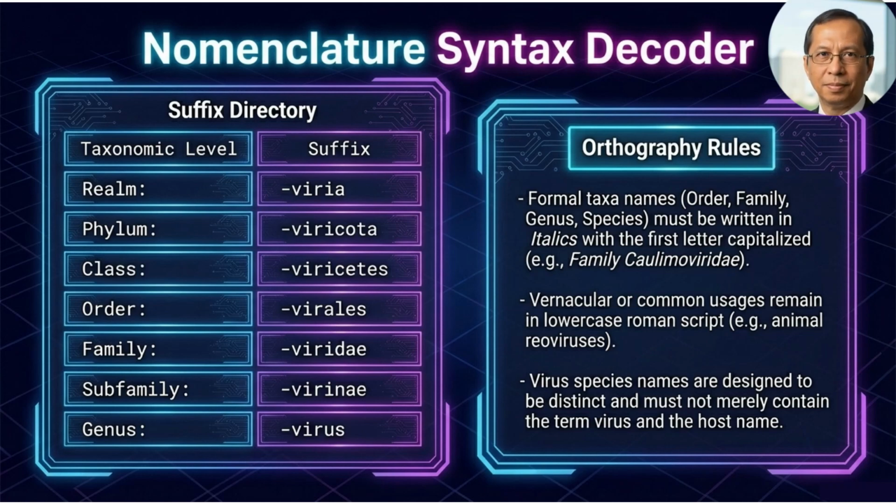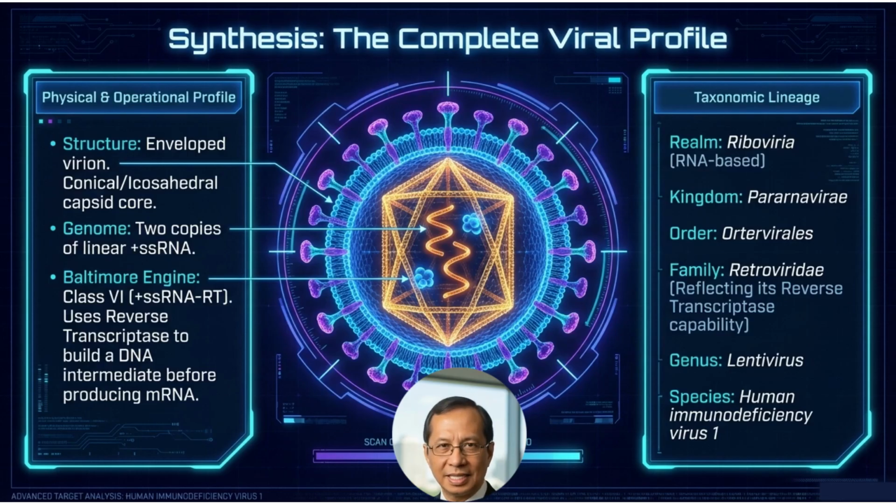Let's synthesize our understanding by examining the complete viral profile of human immunodeficiency virus 1, or HIV-1. Physically and operationally, HIV-1 is an enveloped virion with a conical or icosahedral capsid core containing 2 copies of linear positive sense single-stranded RNA.